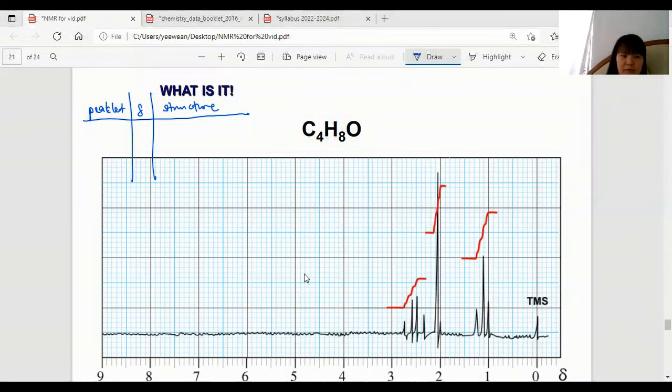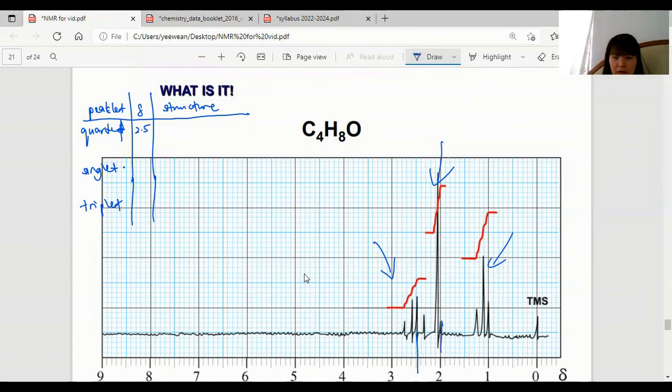Let's try another one. Quartet, like this. Singlet. This and triplet. And the figures say 2.5. This singlet maybe 2.1 and 1.1 maybe. Okay, let's do the same. Someone has 3 neighbors.